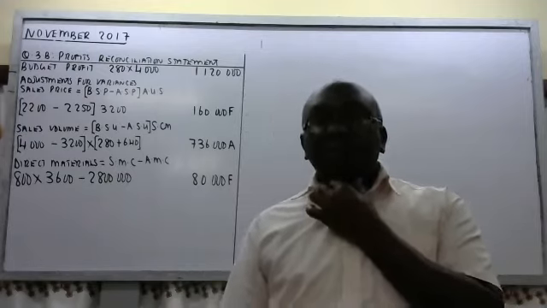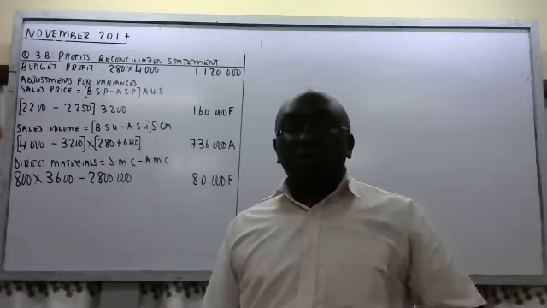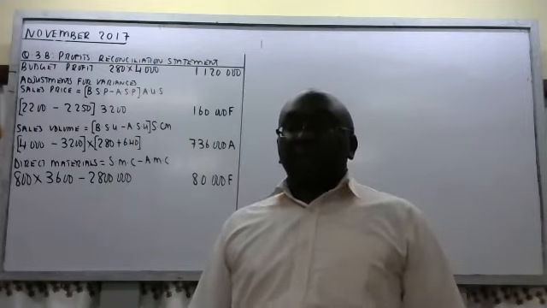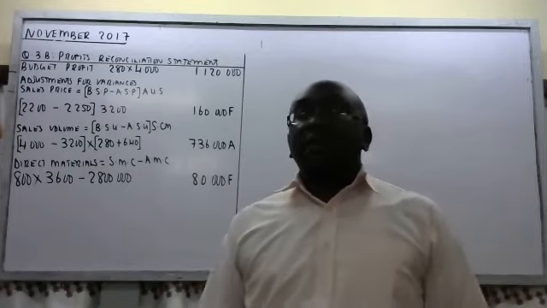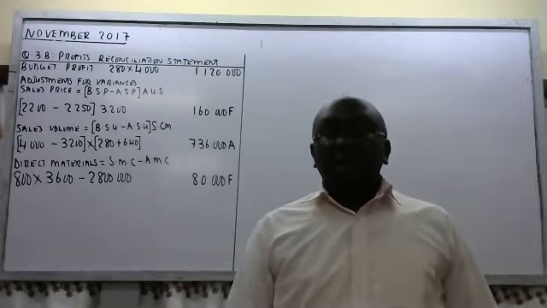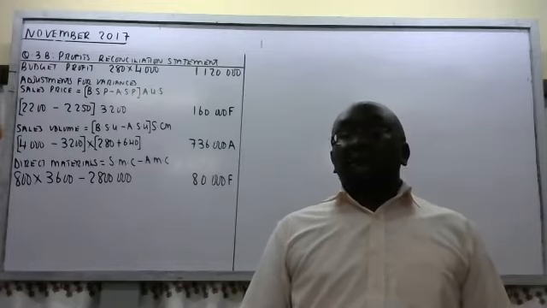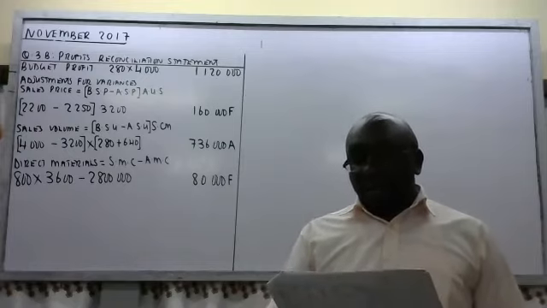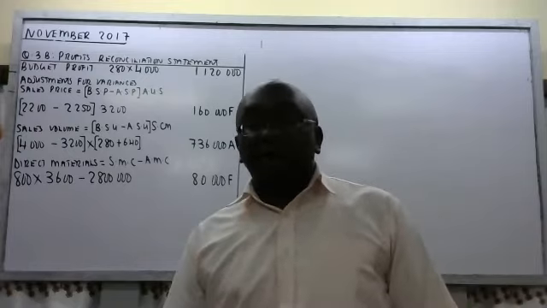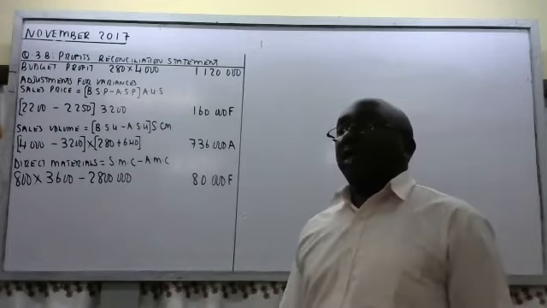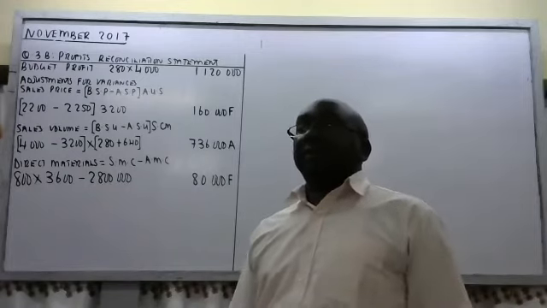It is not that 3,200. That 3,200 is what was sold. Looking at your question, that is what was sold. What was produced was that 3,600, and we therefore had a closing stock of 400. Check whether you are able to see those things.